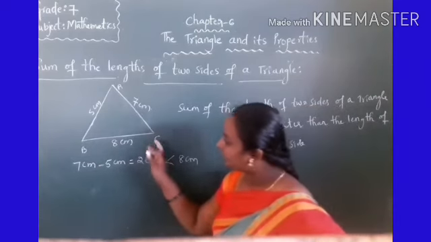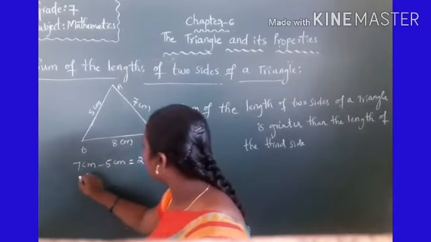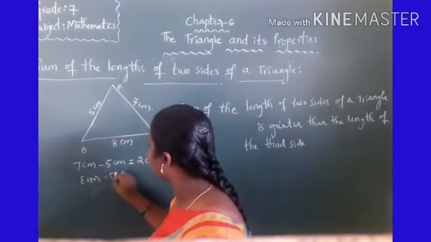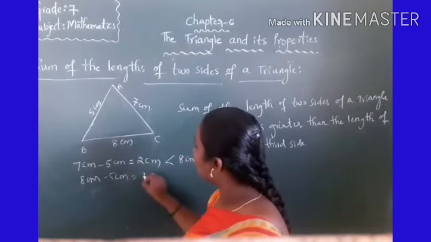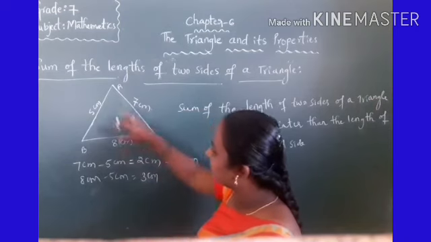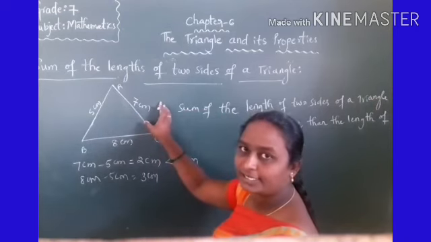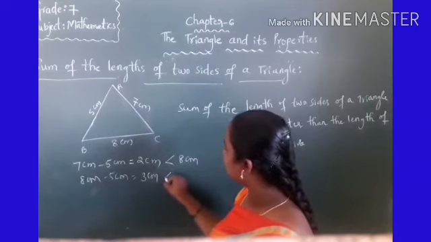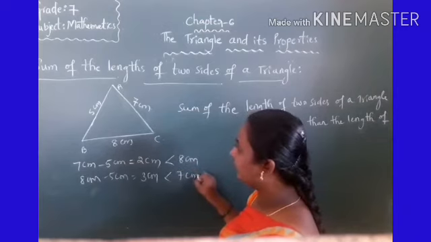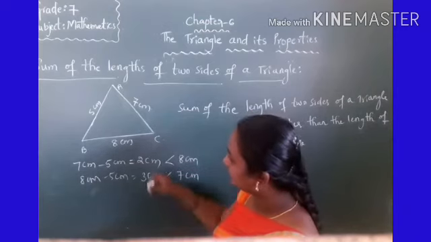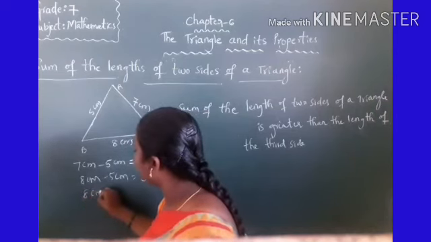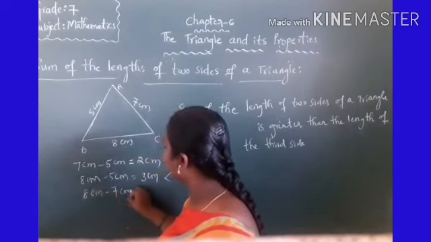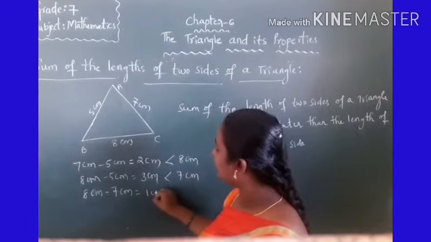Now take these two sides: 8 centimeters minus 5 centimeters gives 3 centimeters. Is it greater or lesser than the third side? Yes, it is less than the third side. Next, take the difference of these two sides: 8 centimeters minus 7 centimeters is 1 centimeter.